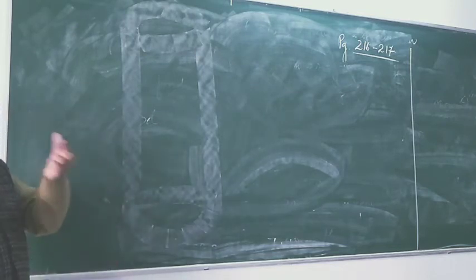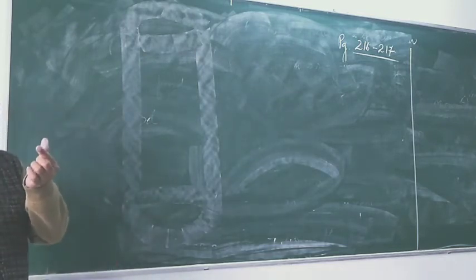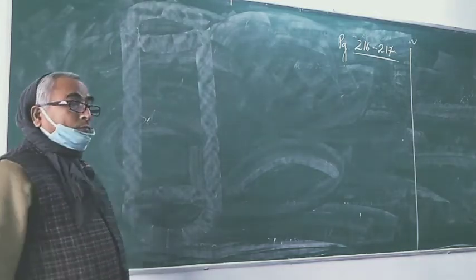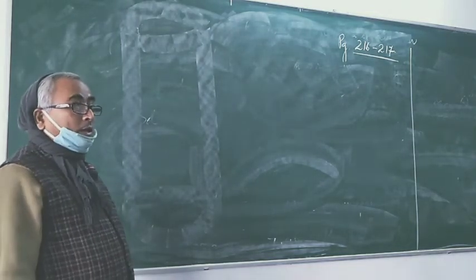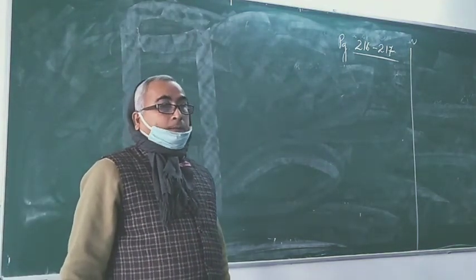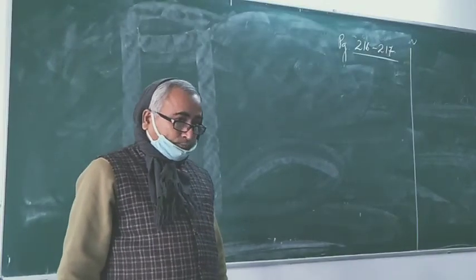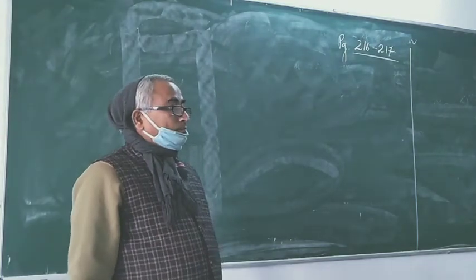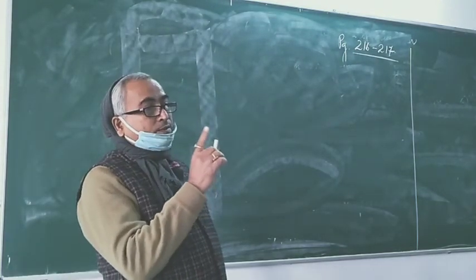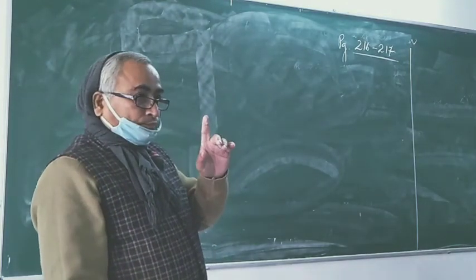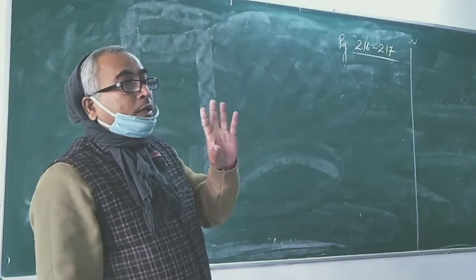Clear? So thickness is there. We have to find out firstly the inner surface area, then the outer surface area, then the total surface area. Have you seen the inner surface of a metallic pipe? It will be just like a cylinder.